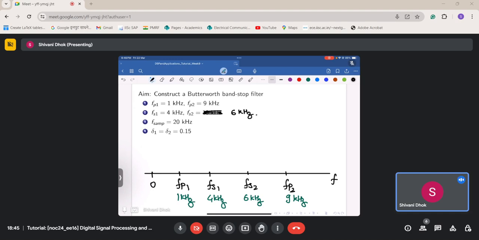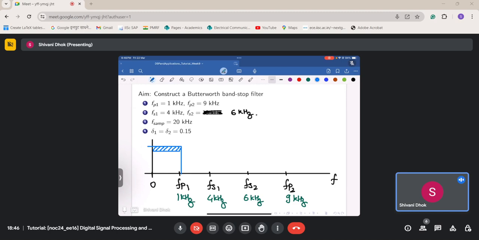So how will this filter look? If we have this here, then we will have a passband edge like this. We'll have some tolerance as 0.15.